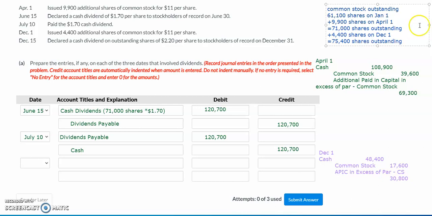So when we get to December 15th, and we're going to do our last journal entry, we need to go ahead and consider the new number of shares outstanding. So with our new number of shares outstanding, I'm going to record on December 15th our cash dividends and dividends payable.